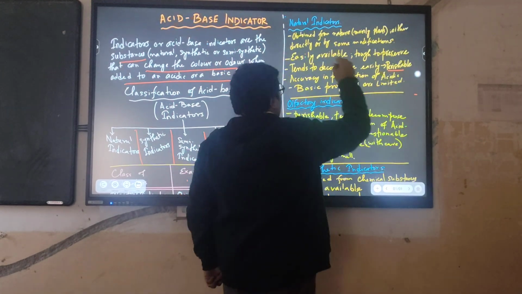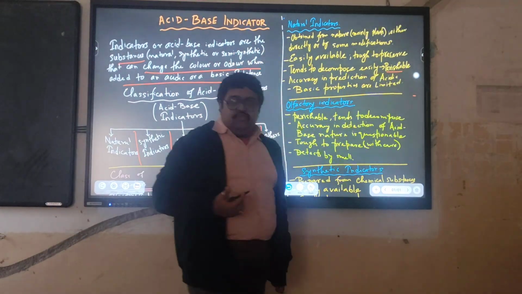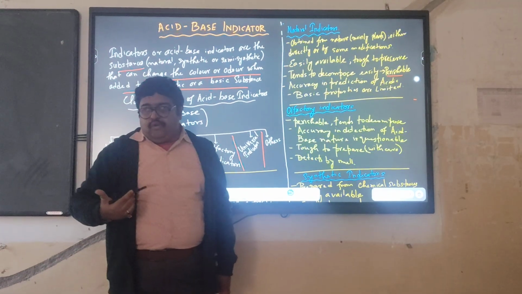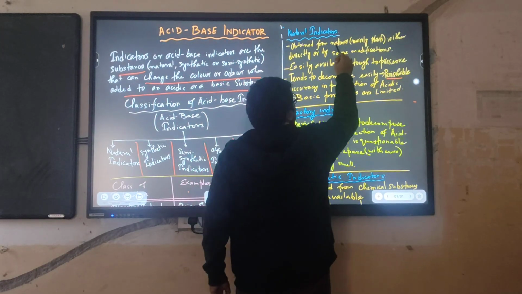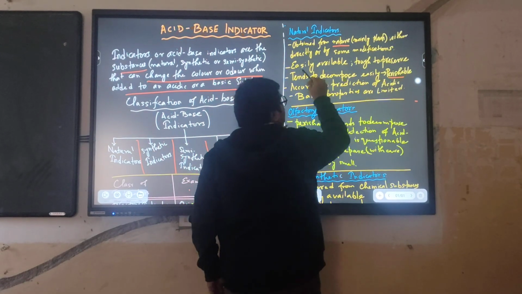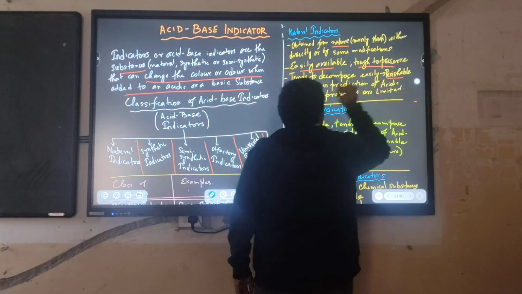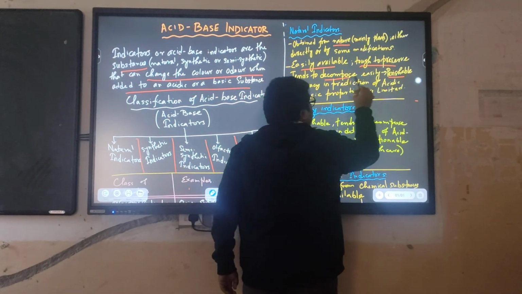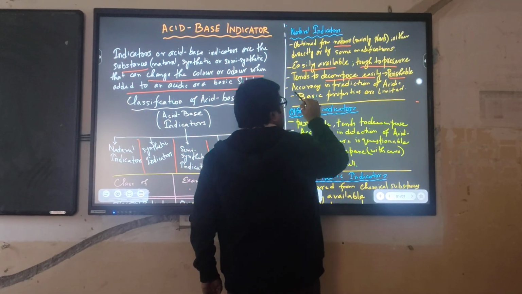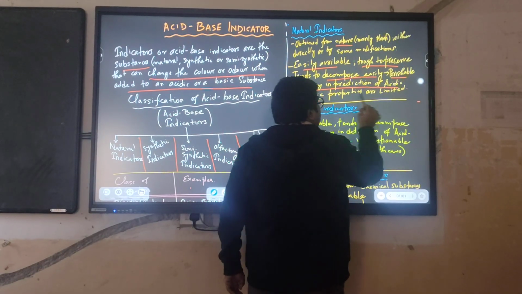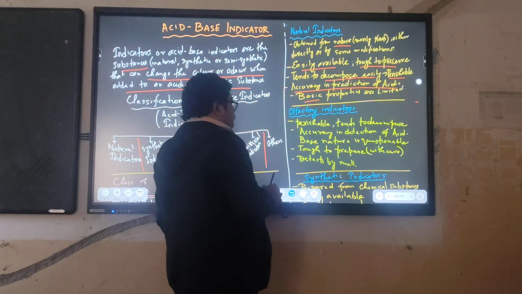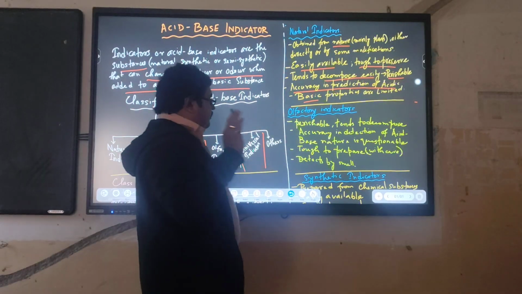So just jot down the points so that you can also read them from the video. First, it is obtained from nature, easily available, tough to preserve, decomposes easily, perishable, and accuracy and precision of acidic or basic properties are limited. So these are the properties of the natural indicators.